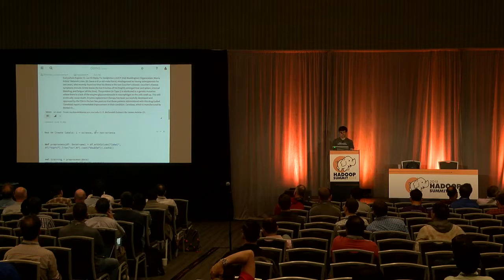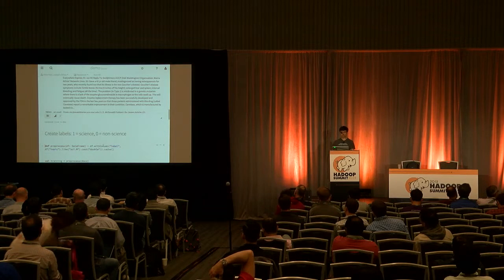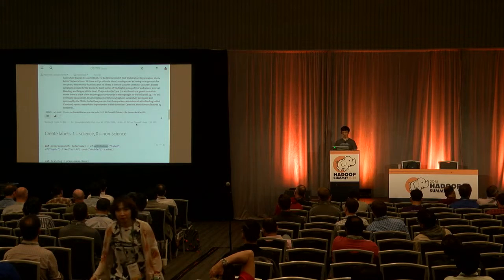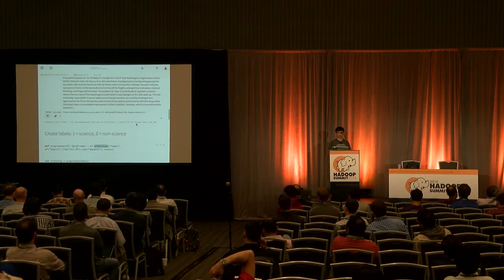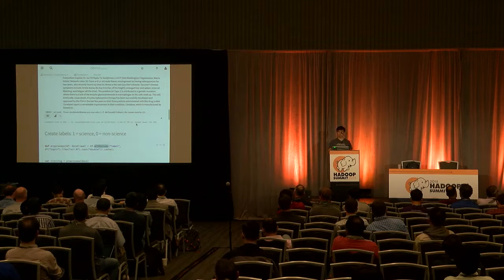So what I'm going to do, just to show off one more query, but also to prepare data for later on in the demo, is create a new column. So I'm using this withColumn method, and it's creating a label column basically by taking the topic column and looking to see whether it's one of the science subcategories.